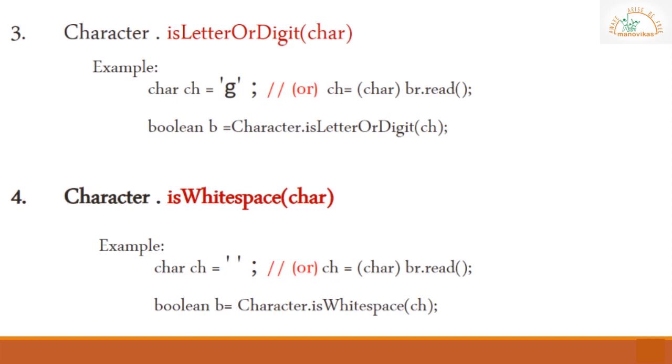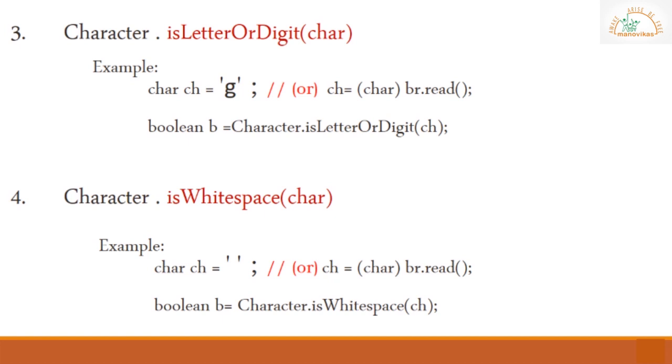Okay, the next function is isWhitespace of a character. What is a white space? White space is a space or a tab space, or even a new line. So if your input belongs to any of these, your output will be true. For example, char CH is equal to, within quotes, nothing. What does that mean?